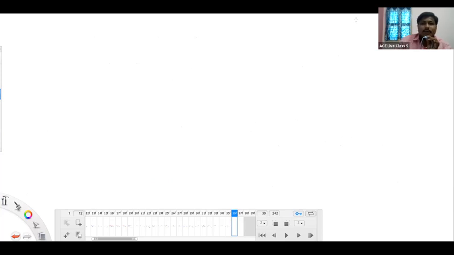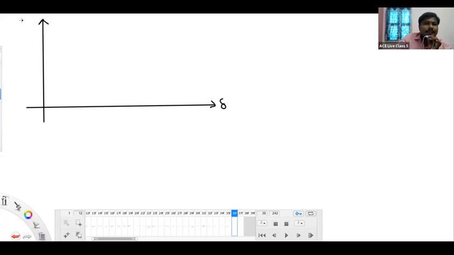First, the cylindrical rotor machine we are taking up. Cylindrical rotor machine power angle curve. On the x-axis we are showing delta, and on the y-axis we are showing the real power. It is a simple sinusoidal signal.